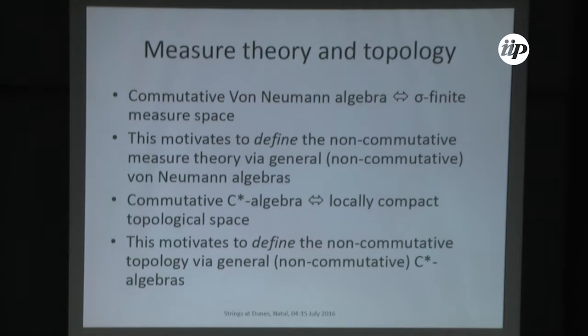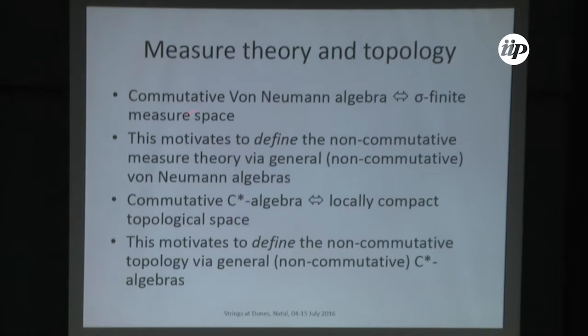You have some measure space, for example, sigma finite is some very natural condition. And the classical fact is that it is actually the same as a commutative algebra. So especially there's some algebra of measures in some sense, dual actually.